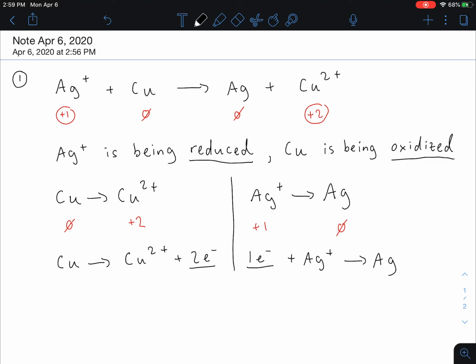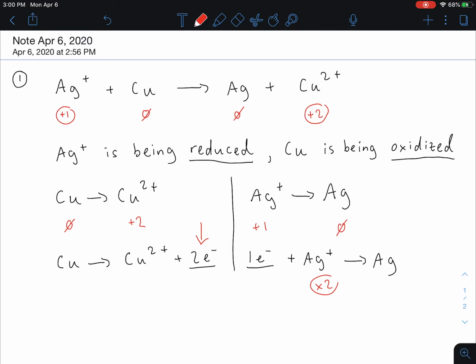So at this point, each of my half reactions are balanced. But the important thing is I need the electron total from each half reaction to balance out. So since there are 2 electrons on the copper reaction, I'm going to need to consume those 2 electrons in the silver reaction.